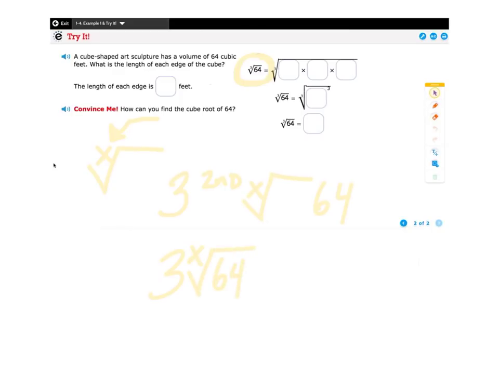Your calculator is figuring out what number multiplied by itself, times itself, 3 times, will give you 64. Again, one of two things happens. We get a whole number, like in this case, we get the number 4, or you would get a really bad number. Everybody go ahead and take the cube root of, let's say, 75.